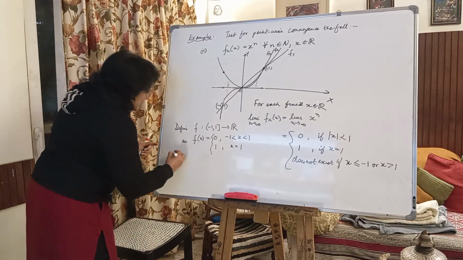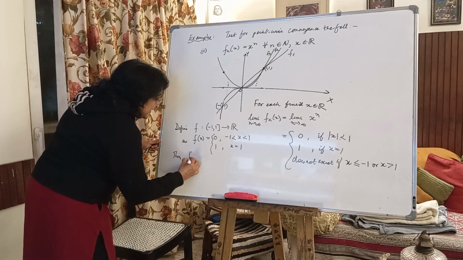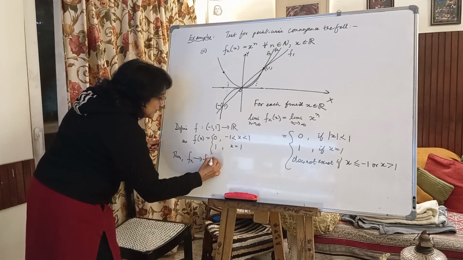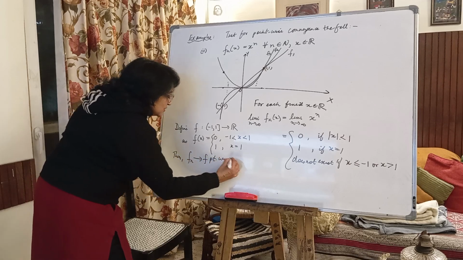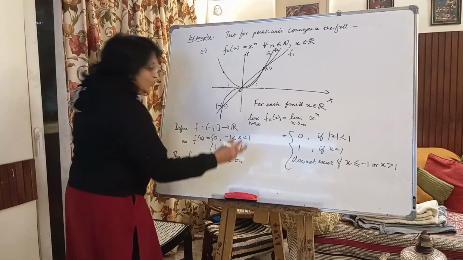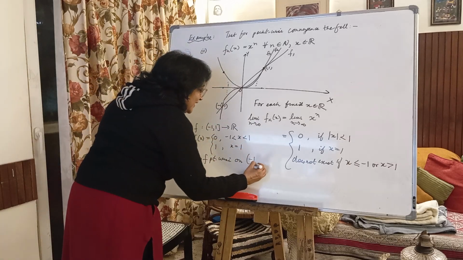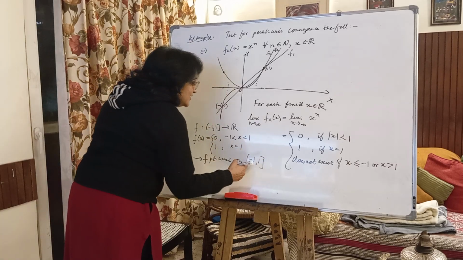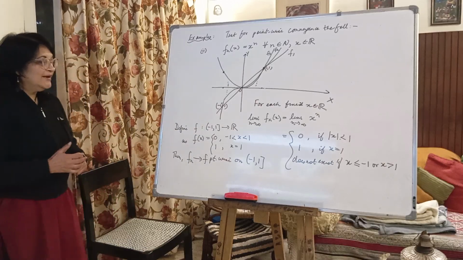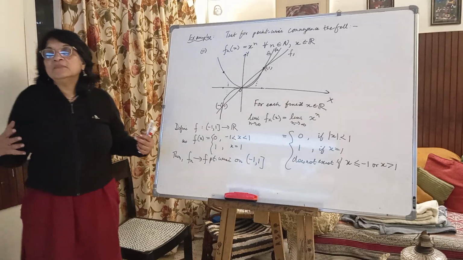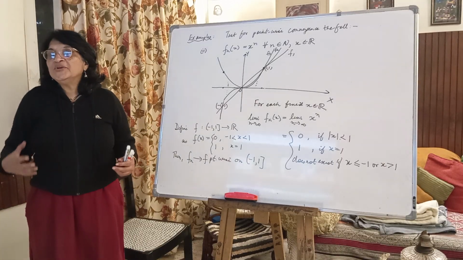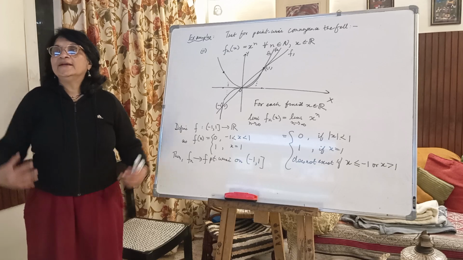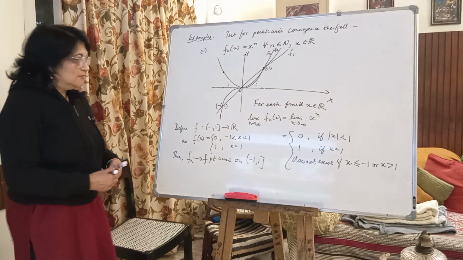Then Fn tends to F pointwise, not on the whole of R, but on the interval -1, 1, semi-open. Open on -1, closed on 1. The maximum domain for pointwise convergence is open -1, closed 1.